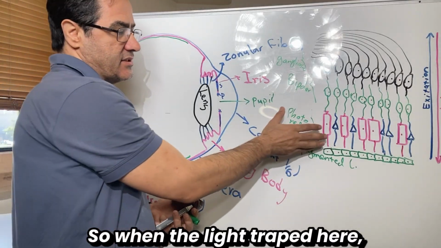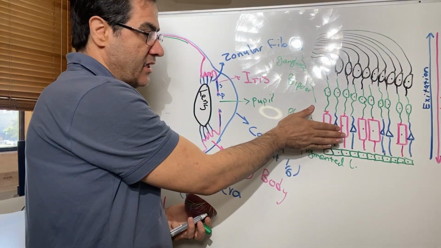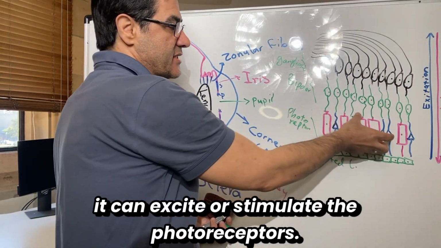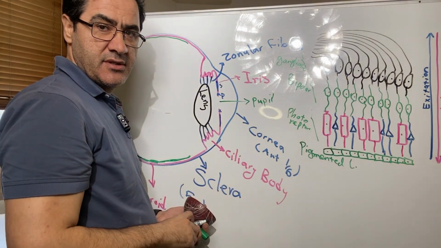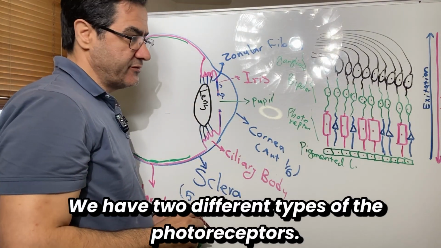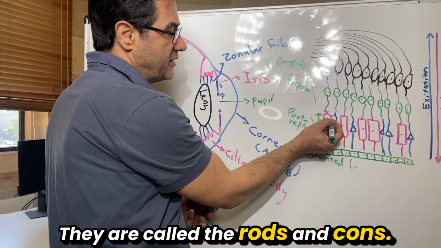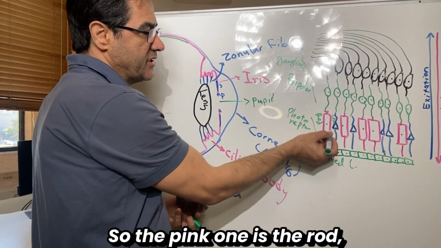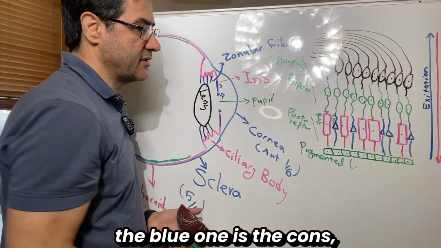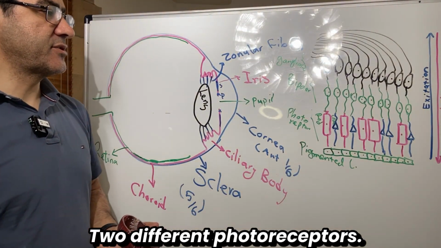When the light is trapped here, it can stimulate the photoreceptors. We have two different types of photoreceptors, called rods and cones. The pink one is the rod, the blue one is the cones.